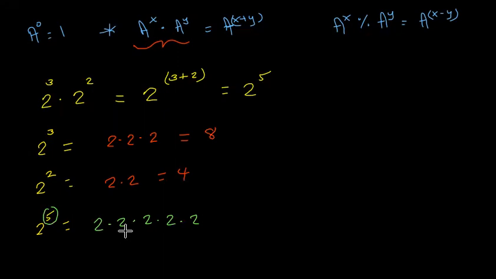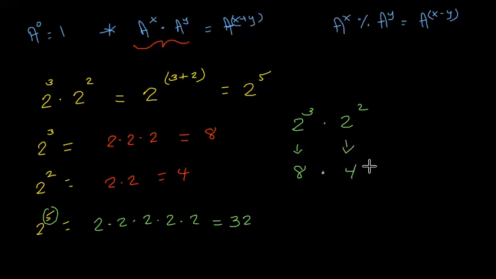Now 2 times 2 is 4, 4 times 2 is 8, 8 times 2 is 16, 16 times 2 is 32. So if I take 2 to the 3rd and multiply it by 2 squared, what I'm really doing is taking 8 and multiplying it by 2 to the 2nd power, which is 4.